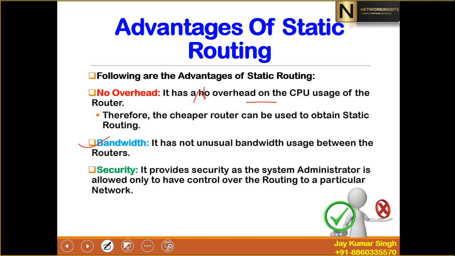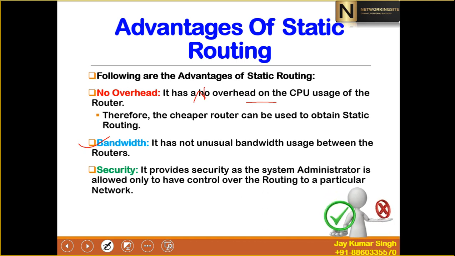Bandwidth. In static routing there is no message bandwidth utilization. There is data bandwidth utilization, but not message bandwidth utilization as other dynamic routing protocols use. If I'm talking about RIP, EIGRP, OSPF, apart from sending data, they also send some kind of messages to neighbor routers, like hi, hello, how are you.